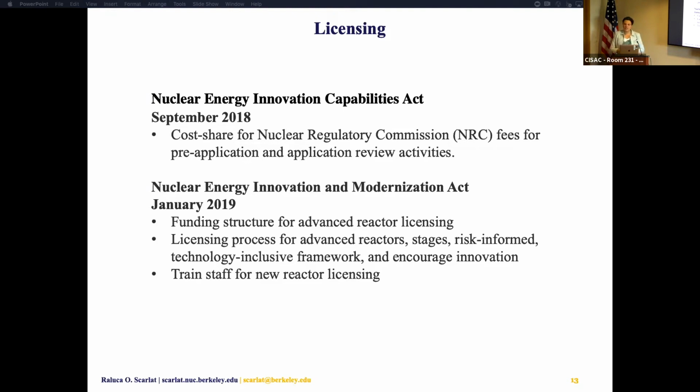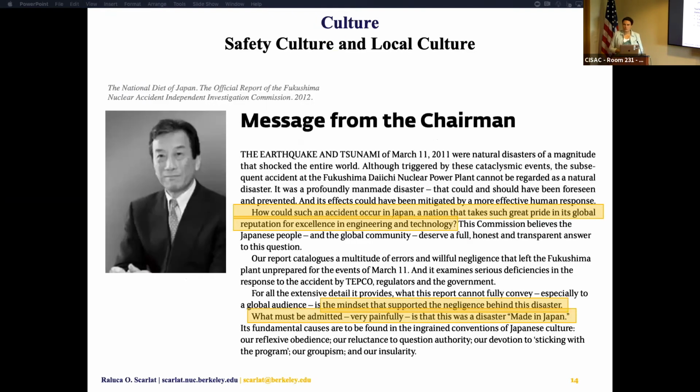So I talked about some of the technological challenges, some of the licensing challenges, and I'll talk very briefly about the cultural challenges. This is an excerpt from a report by the National Diet of Japan on the Fukushima nuclear accident that occurred in 2011, and this report was published in 2012.